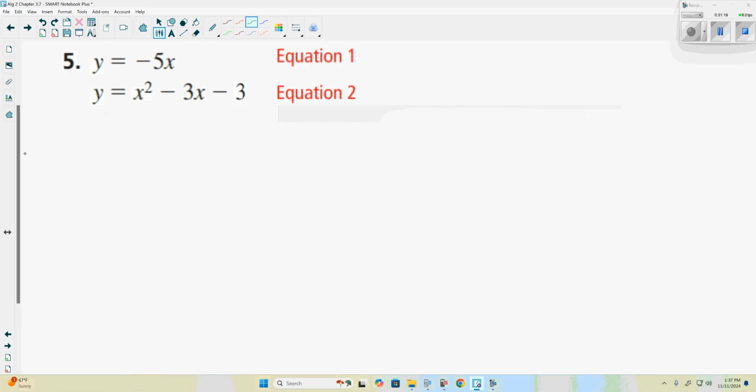I believe we have one more with substitution. Now we just really are setting these two equal to each other. So we're saying that negative 5x is equal to x squared minus 3x minus 3.